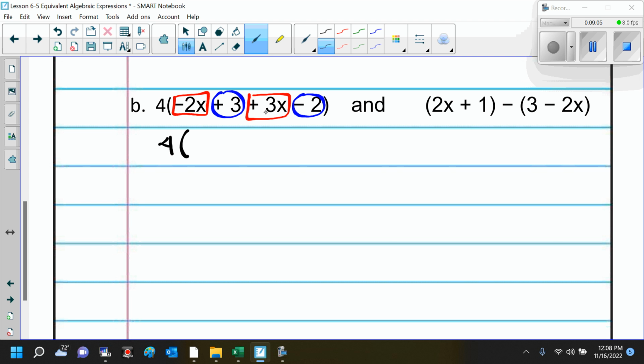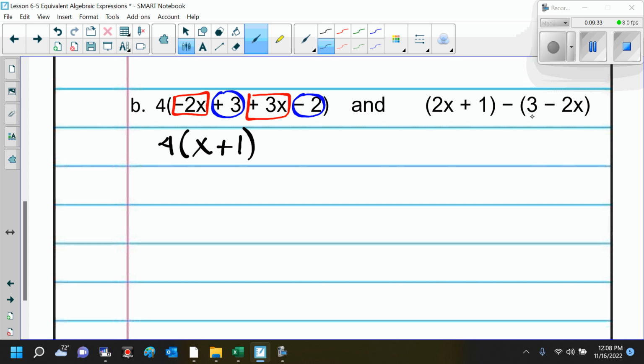Negative 2x plus 3x is positive 1x, which we can just write x. And then I have 3 minus 2, which is positive 1. Is everybody with me?